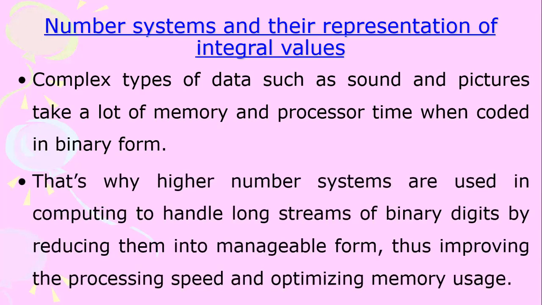That's why higher number systems are used in computing to handle long streams of binary digits by reducing them into manageable form, thus improving the processing speed and optimizing memory usage.